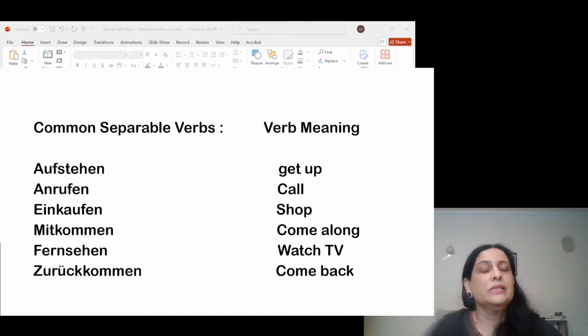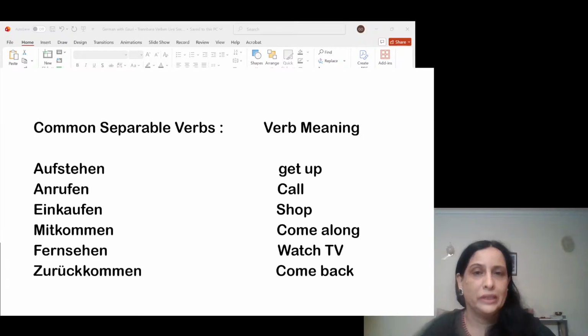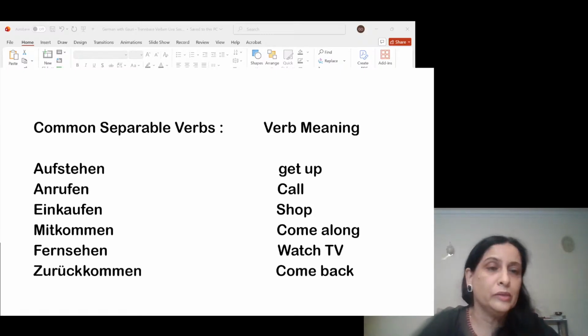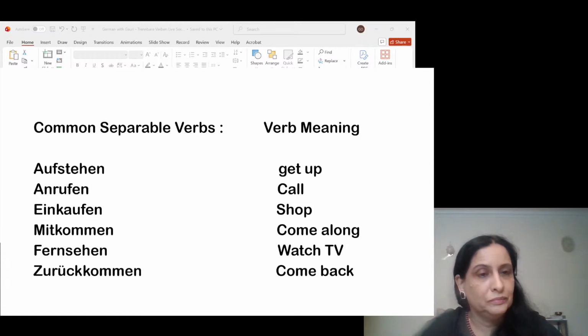Now we'll see a few common separable verbs and their meanings. The first one is aufstehen, which we have seen earlier. It means to get up. Anrufen is to call. Einkaufen is to shop.